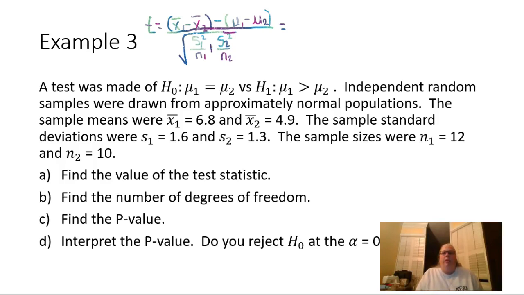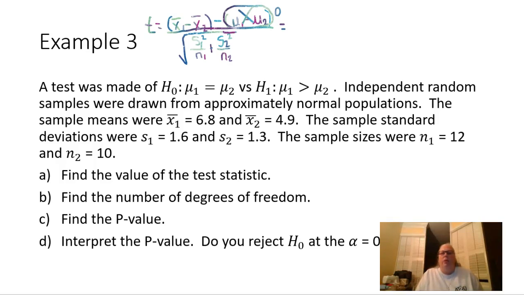Let's talk about this piece right here before we plug in our numbers. Mu1 minus mu2: if the null hypothesis is true and mu1 and mu2 are equal to each other, then this part of the formula is just going to cancel out and give me 0. So essentially, all we need to worry about in the numerator is x bar 1 minus x bar 2, because we would just be subtracting 0.